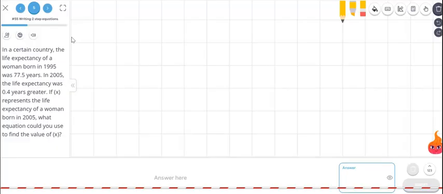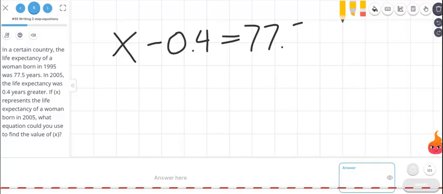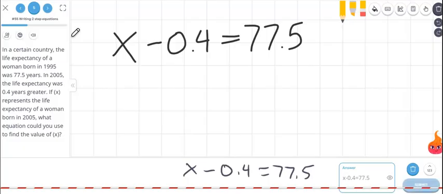All right, so we're going to start with our X. And if it's greater than, we actually are going to have to take that away from the X. So 0.4, and that should give us the 77.5. So X minus 0.4 equals 77.5.